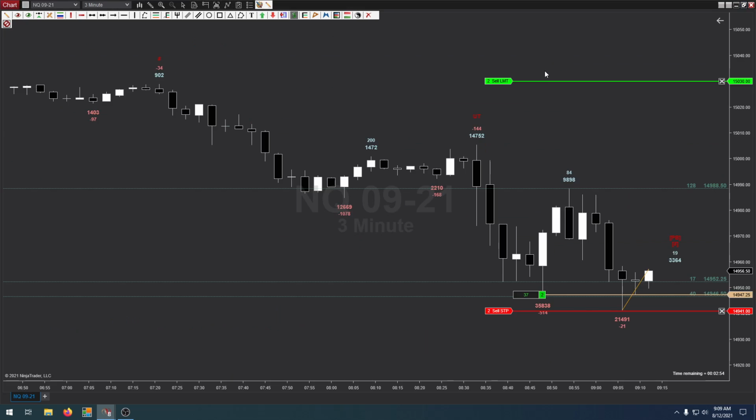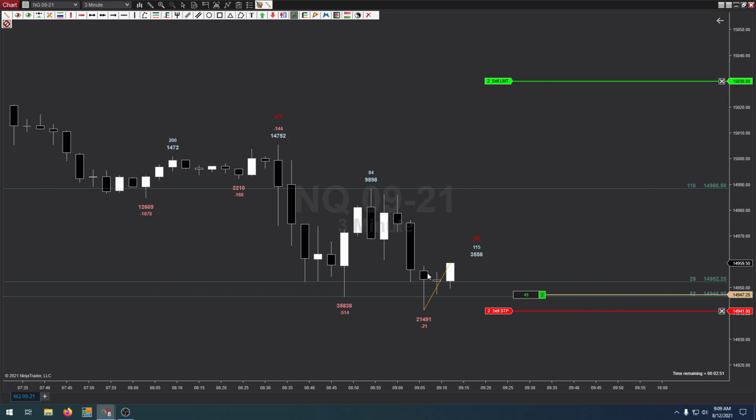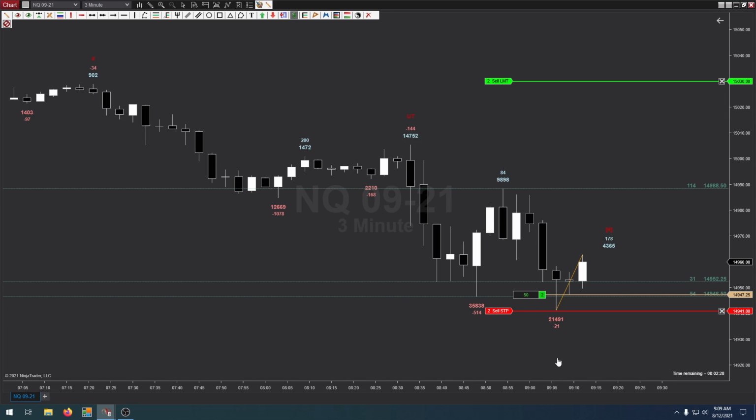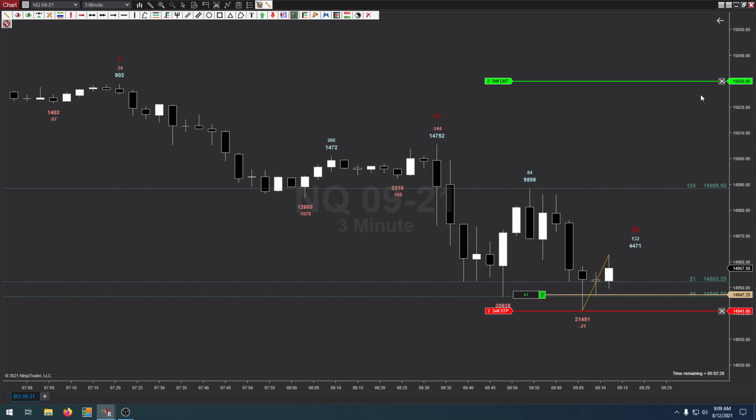Now on the 3, which is the one I used for entry mainly, this candle here closed above this level. So did this one. This one opened above it, tested it, and now it's trying to go higher. And we need this high right here. We need that level. We need a candle to close above that level. Looks like where it went was this level right here.